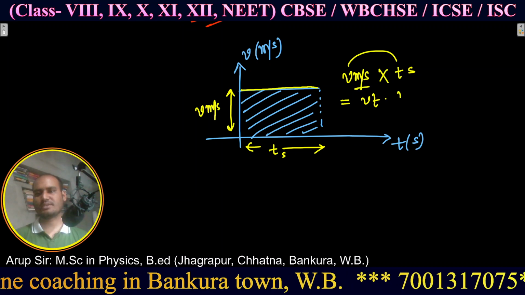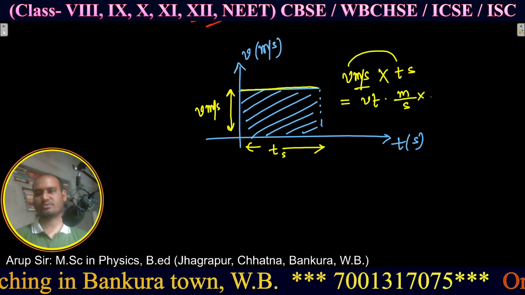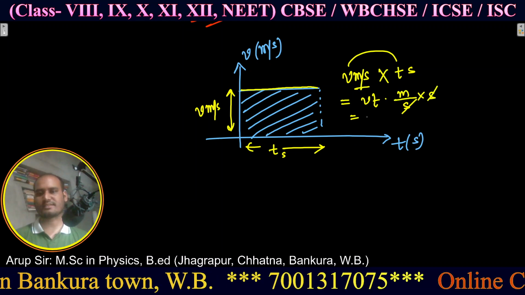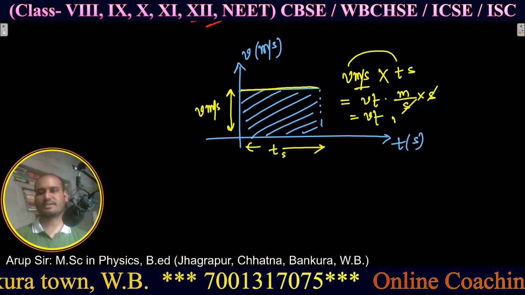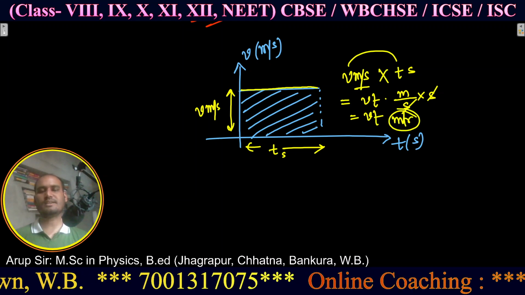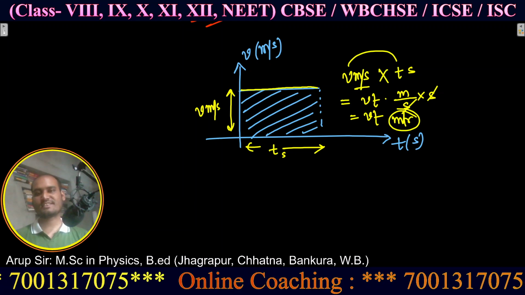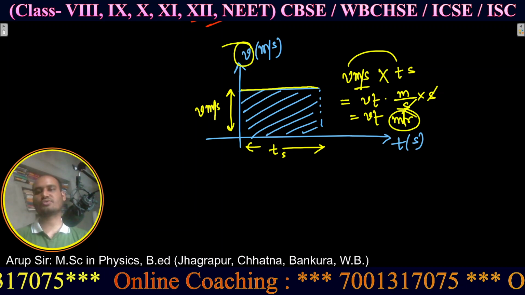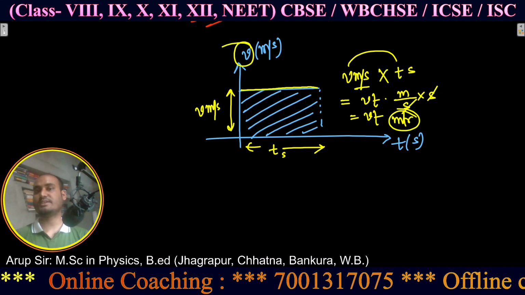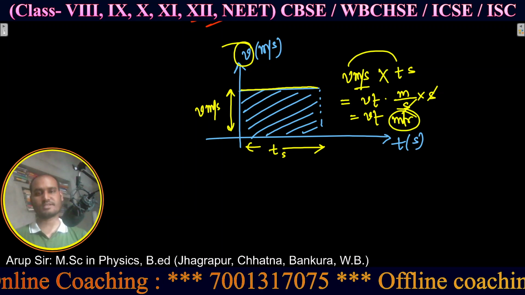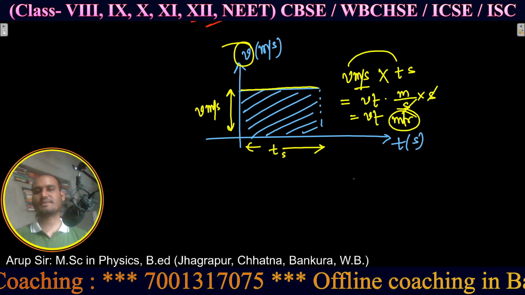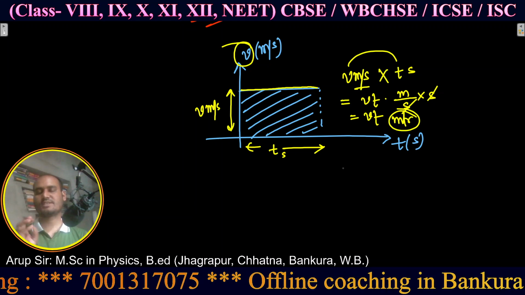Meter per second means meter by second, into second. So after cancelling the second, you will get vt meter. Meter is the unit of what? Displacement or distance. Since I am taking velocity, we need to consider it as displacement. So how can we calculate displacement?